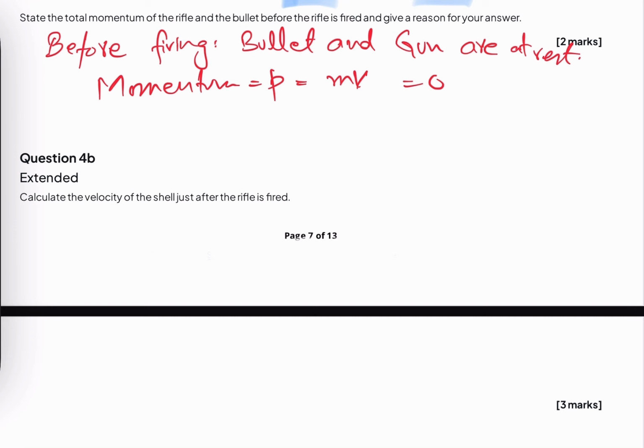Calculate the velocity of the shell just after the rifle is fired. Okay, we have to find the velocity of the bullet when it is fired. Okay, so we have to use law of conservation of momentum.